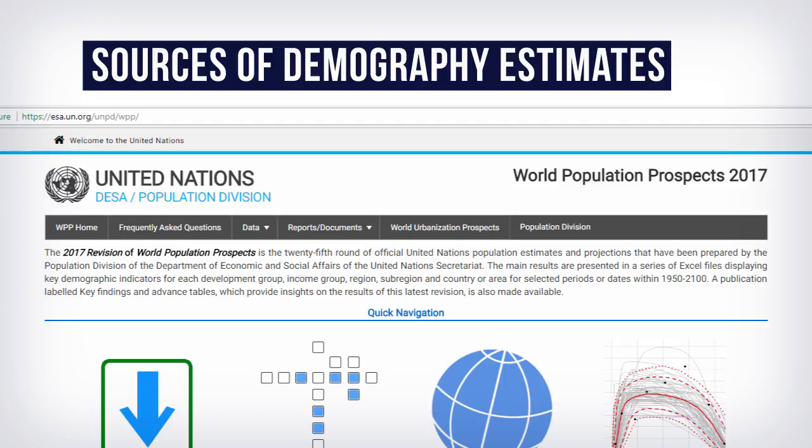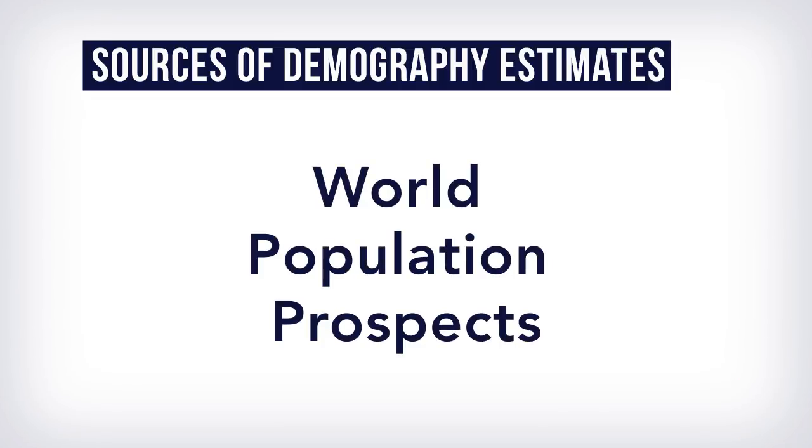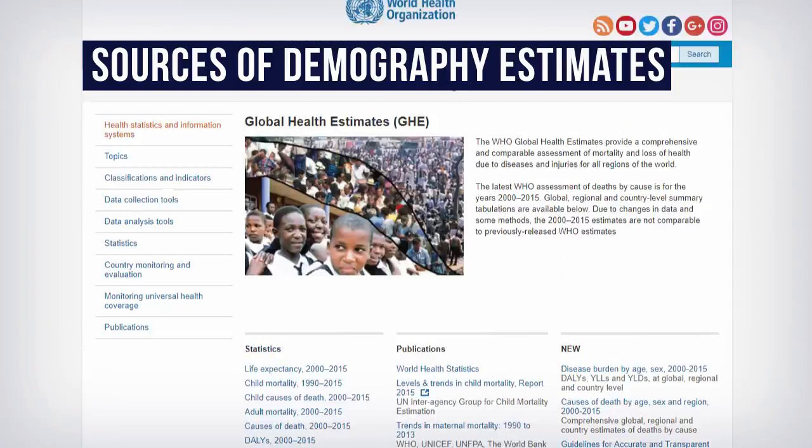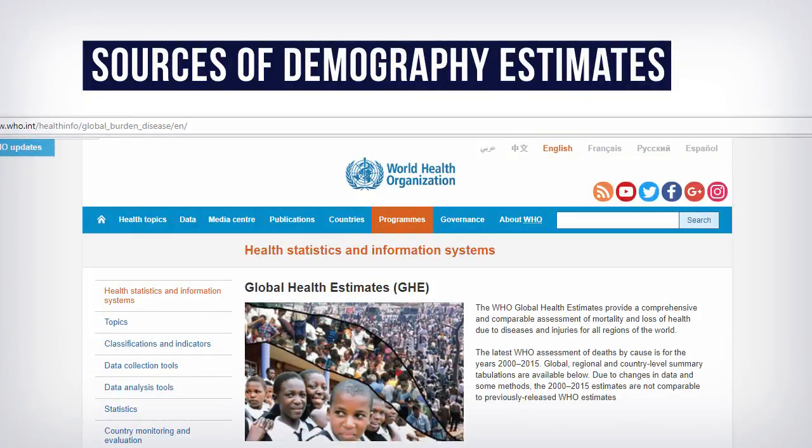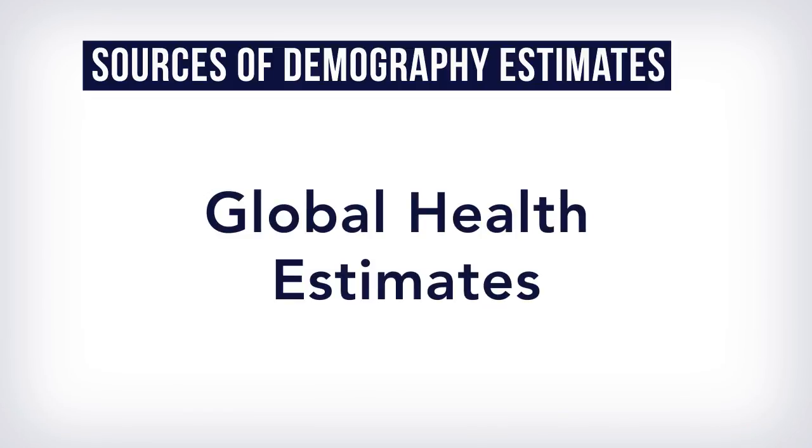It's a set of estimates and projections for all the countries of the world, and it's called the World Population Prospects. And finally, a third one that is a good complement to these 2 sources is from the World Health Organization, where you can find global health statistics for all the countries of the world, covering both demographic issues, but especially health issues.